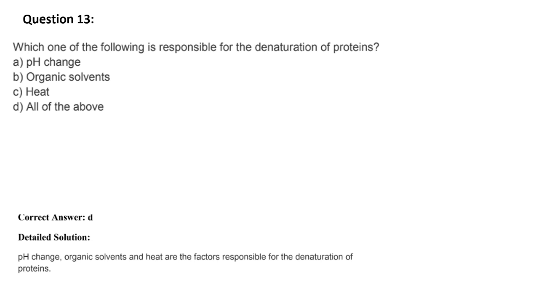Organic solvents, heating, all of the above will lead to the denaturation of protein. Correct. So in all the cases, the hydrogen bonding network will be disturbed. Let's say you heat: hydrogen bonds are weak bonds. If you heat, the energy is provided, then the bonds will break and it will lead to denaturation. Same as organic solvents.